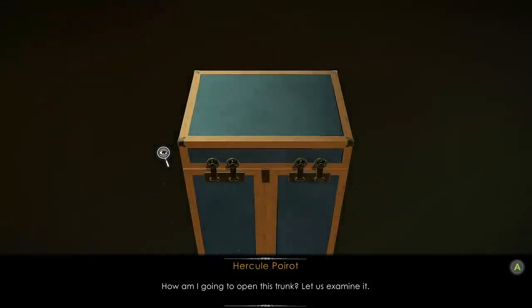Right. Let's have a look at this thing. How am I going to open this trunk? Let us examine it.